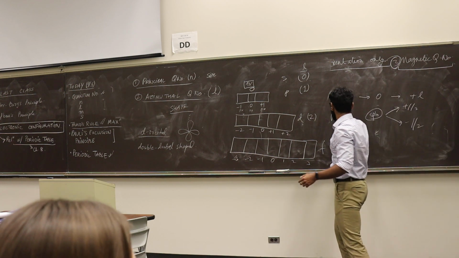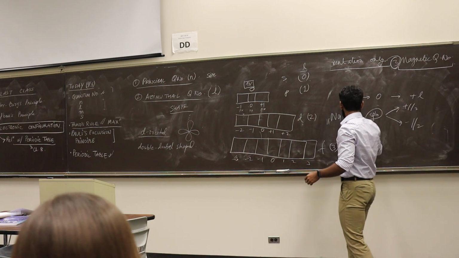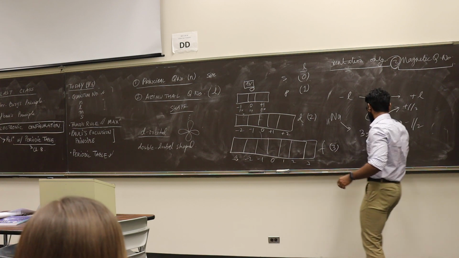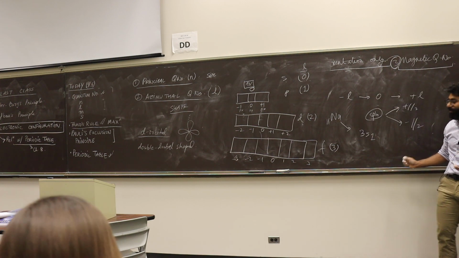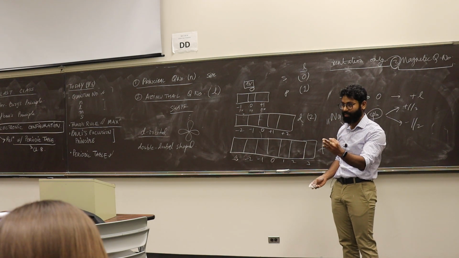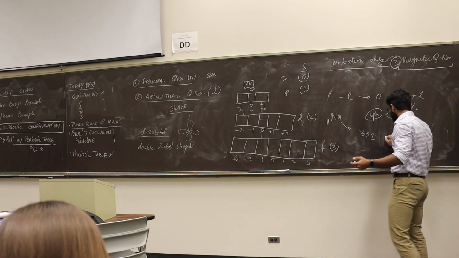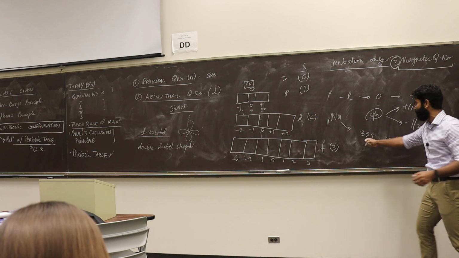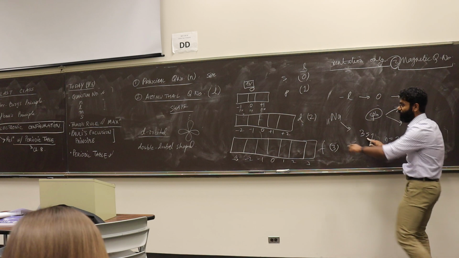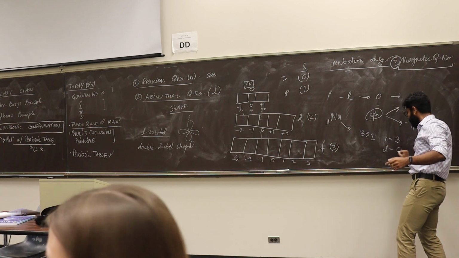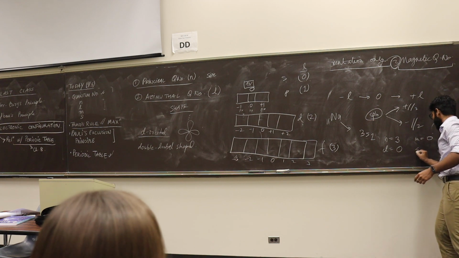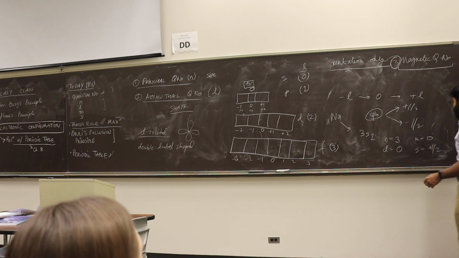For example, for 11, if this is 3s1 is the last one that is entering, so 3s1 will have 4 quantum numbers associated with it. The first quantum number is principal quantum number. The second quantum number L is, for s it is 0, m is again 0, and s is +½.